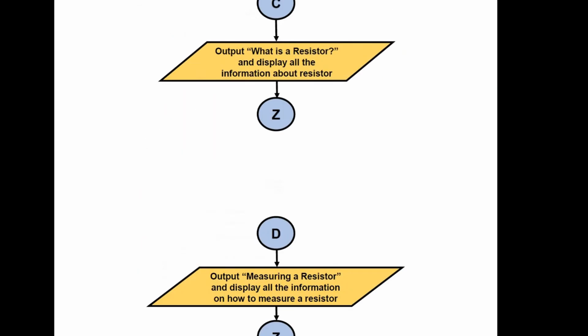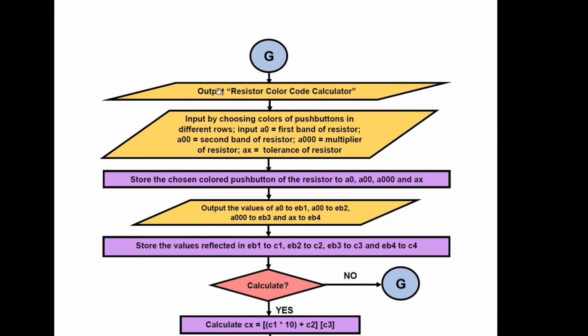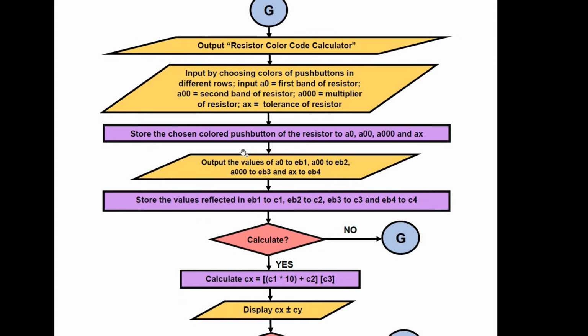Every decision on the subtopics of the resistor or the voltage divider bias has their own corresponding on-page connectors, which continues to different flow of the program.